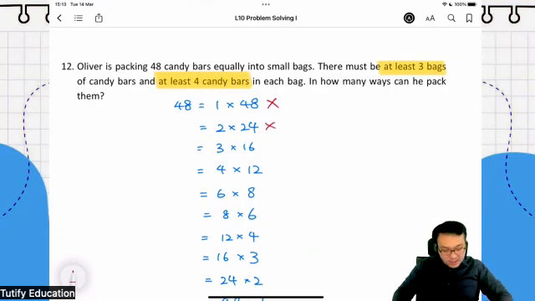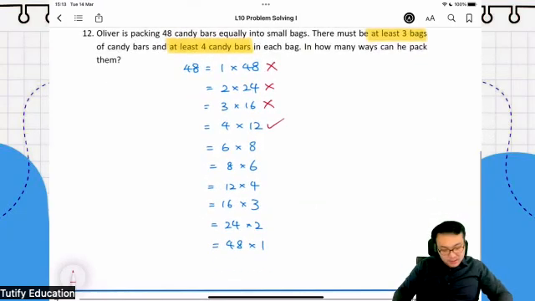This is also not allowed. This is also not allowed. There's too few candy bars in each bag. But this is allowed. Okay, students? Because there's at least 4 candy in each bag and you have 12 bags. So this is allowed. This is also allowed. But this is also allowed.